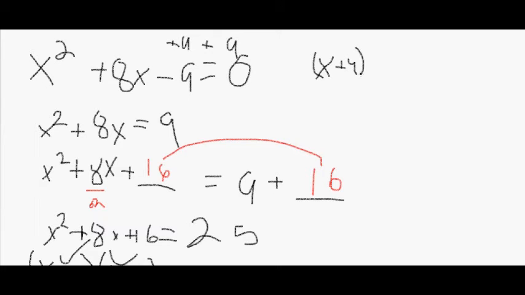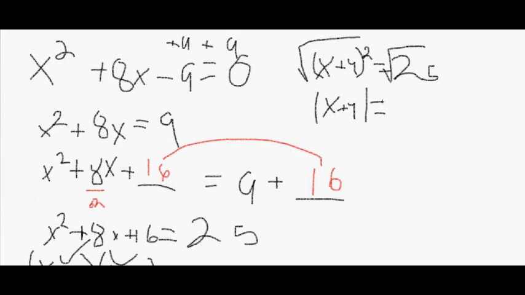So x plus 4 times x plus 4 is the same thing as saying x plus 4 in parentheses squared, correct? Equals 25, correct? So then we'll square this and we'll square this, right? Same procedure. This becomes absolute value, and this becomes, well, we'll stick with the square root of 25.